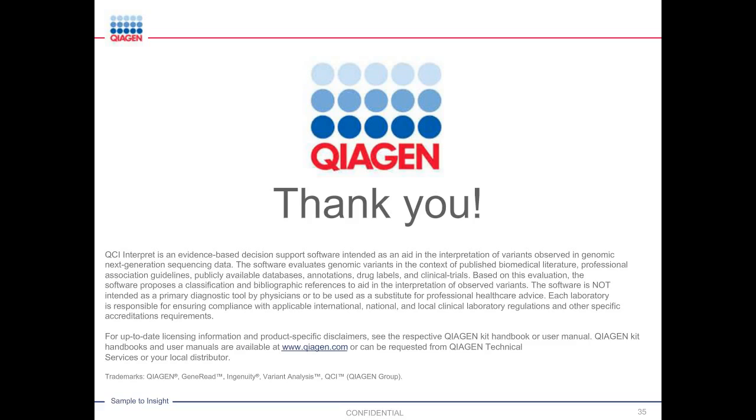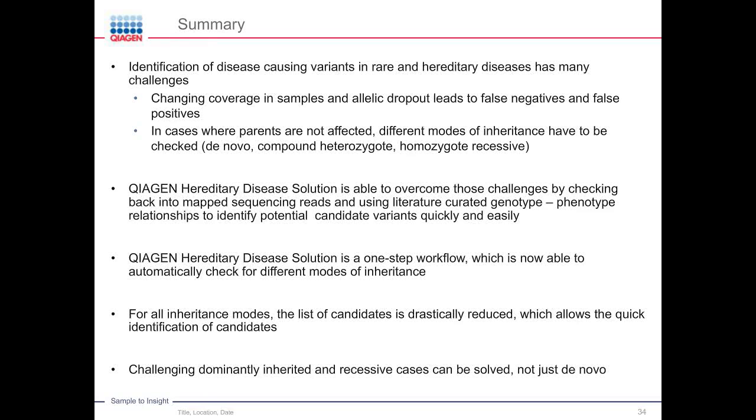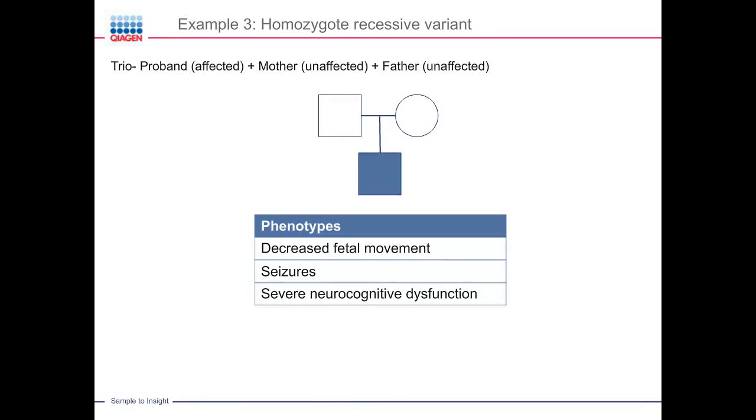So that means what you see in variant analysis, and can we go back to the, just a moment, I'm going back to the slide so that you can see it.